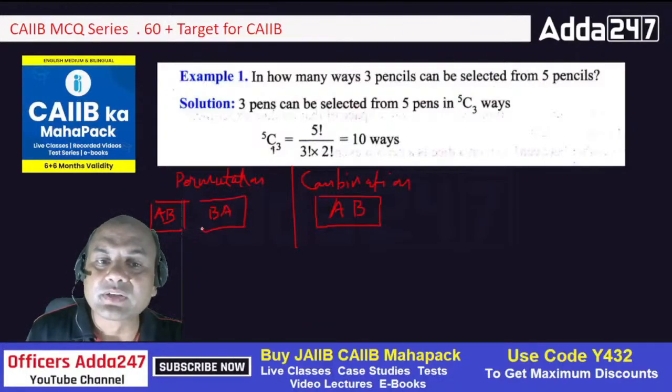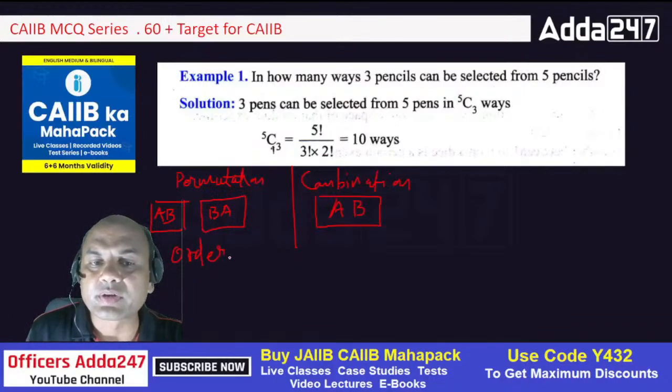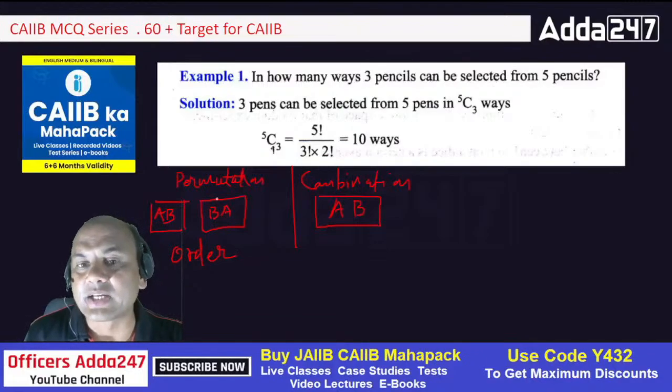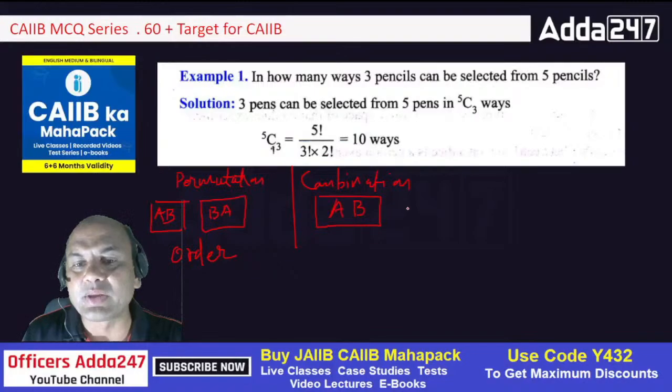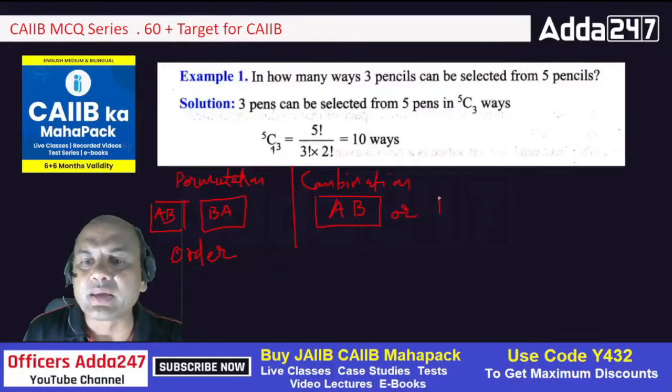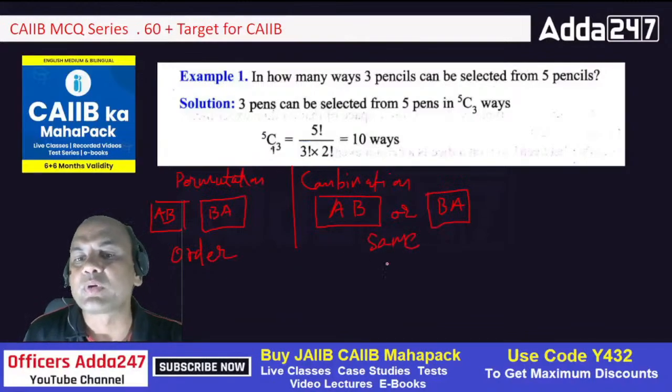Who is sitting first? So permutation means order is important, the order in which they are placed. But in combination, order is not important. It can be either AB or BA. It is one and the same. Here order is not important.